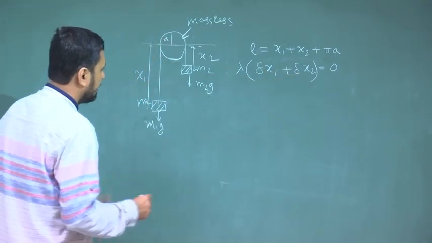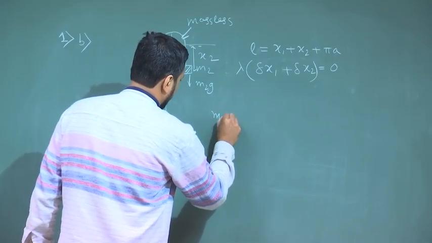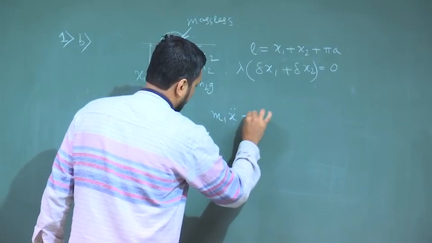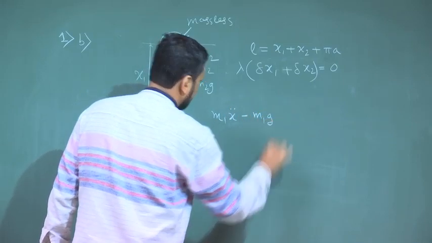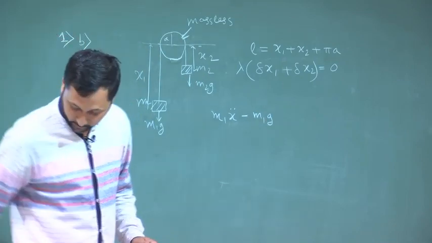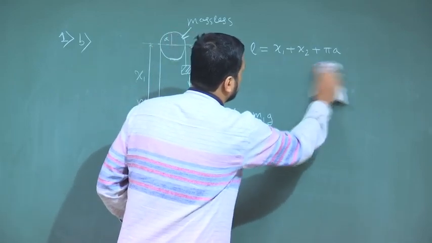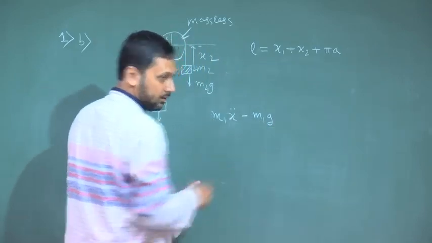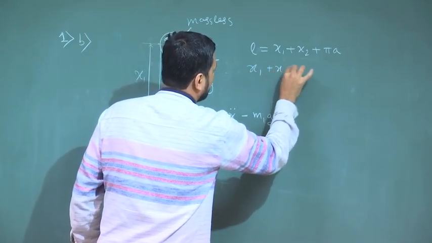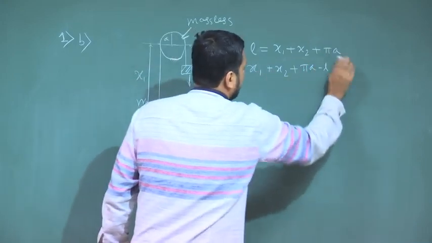So, if we do that, we will get m 1 x double dot minus m 1 g, and it will be, oh sorry, you do not have to do this. So, your phi is x 1 plus x 2 plus pi a minus L equal to 0.